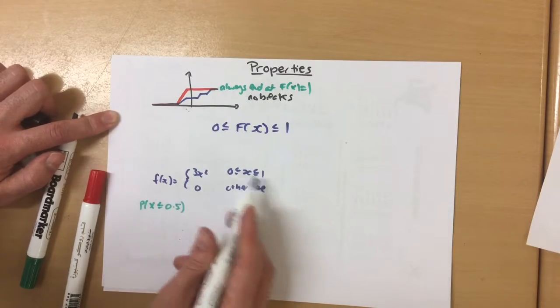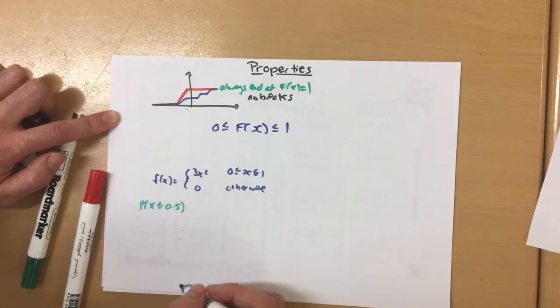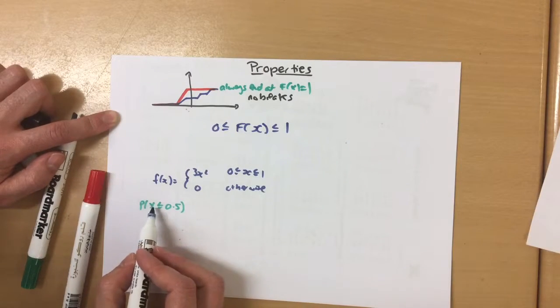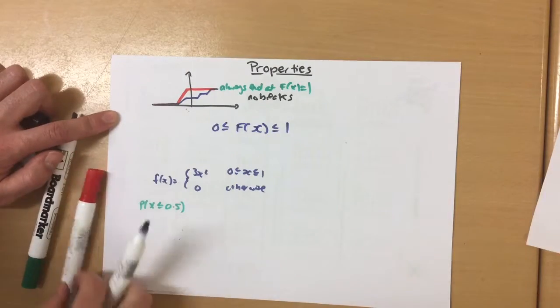Right, so you've got something like this. To turn this into your cumulative function, we're trying to find out the chance X is less than or equal to 0.5. So you saw this previously.